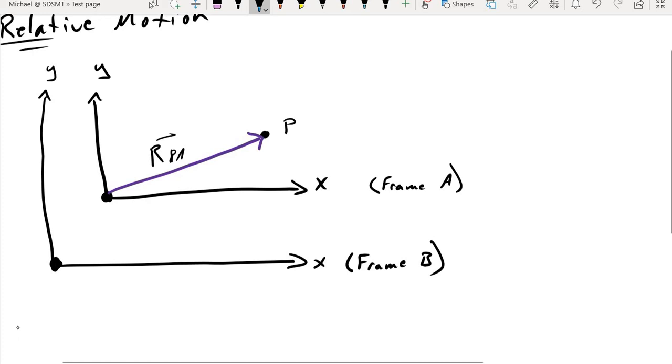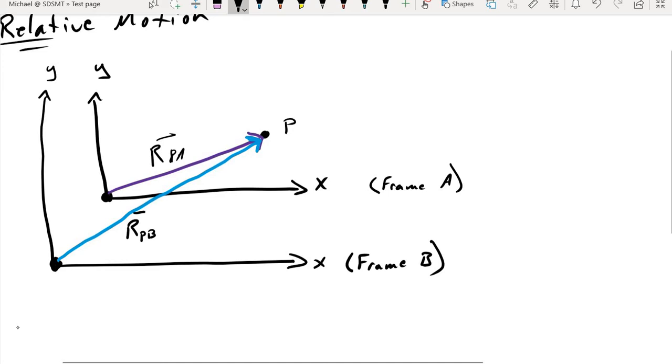And so now I want to measure the position of that same point in space, but from a different frame of reference, I get a different vector. We'll call this R of PB.